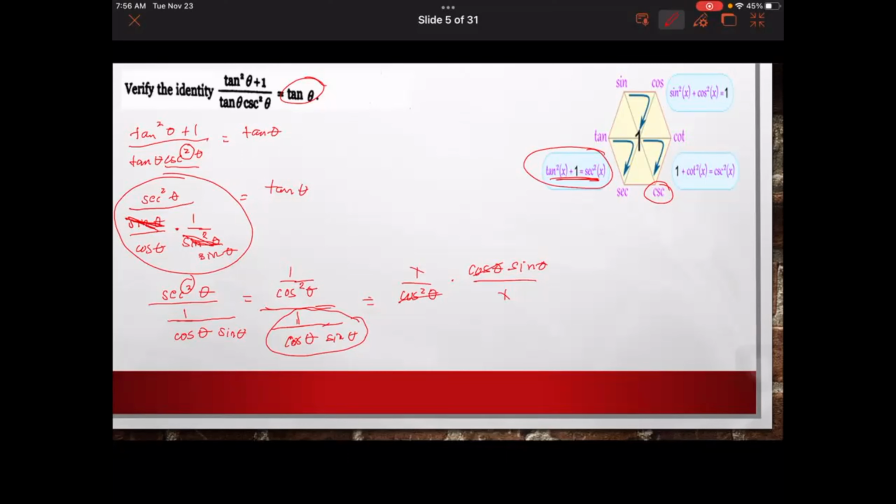Magkakaroon tayo dito ng natira natin is the sine theta over the cosine theta. Now, ano yung value ng sine theta over the cosine theta? Tan theta po. Okay, this is tan theta. Itong tan theta na to, ito yung dito. So, therefore, tan theta is equal to tan theta. They are equal.